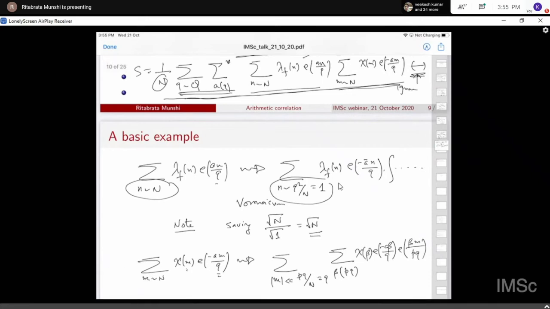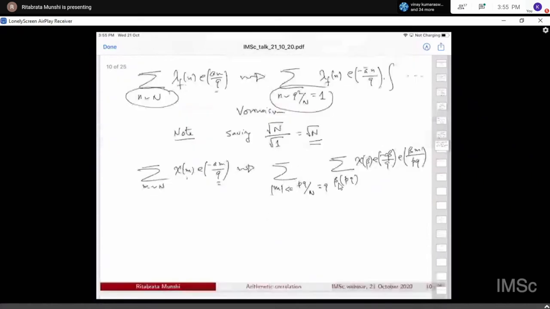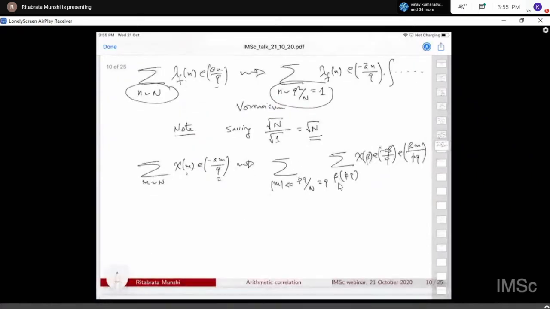Now I can really evaluate the character sum. There are two parts. One part is modulo p, the sum over beta modulo p of chi(beta) e(beta m q bar/p).